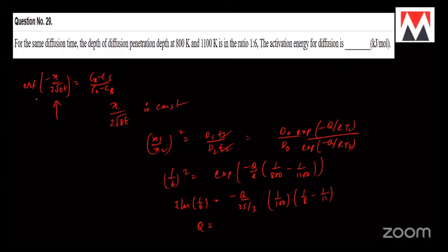Generally, this is taken as constant. So overall, x is proportional to root Dt. So x1 by x2 whole square is D1 by D2. Your D is nothing but diffusion with respect to Q by R at temperature in Kelvin, and Q will be in kilojoule per mole generally.